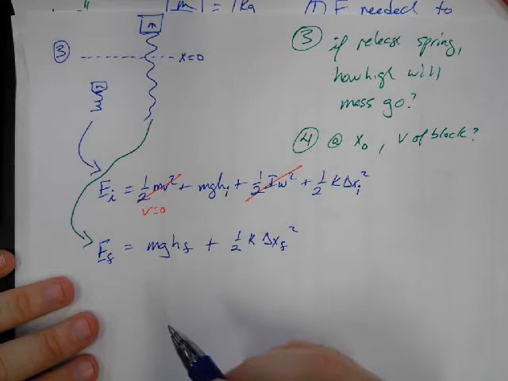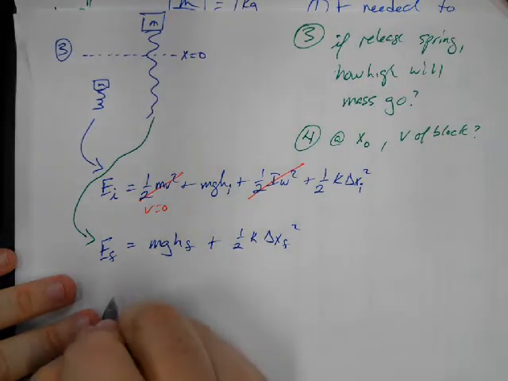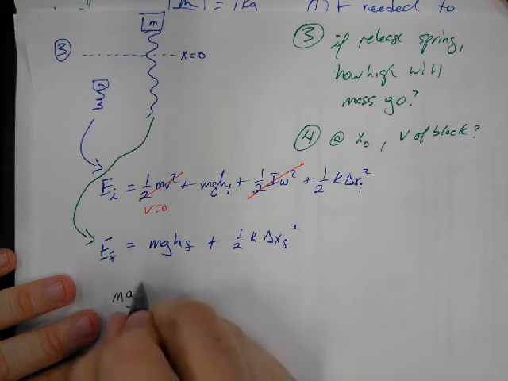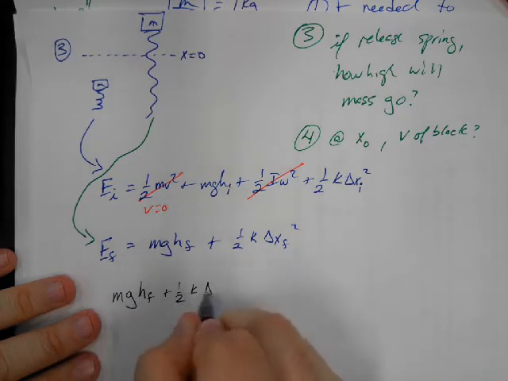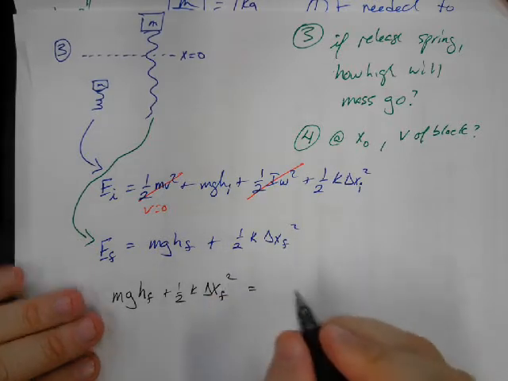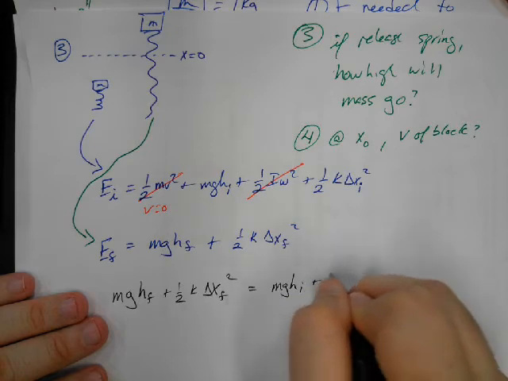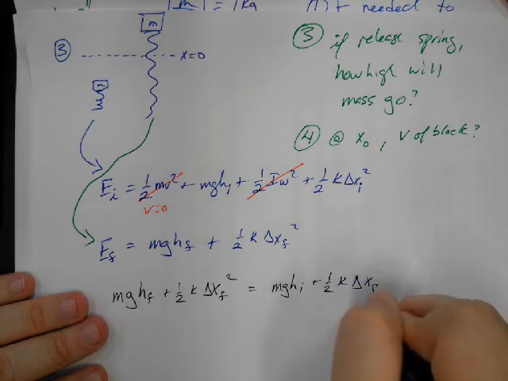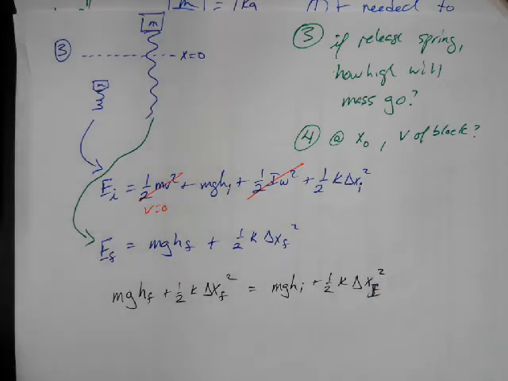And these things have to be equal, so we can set them equal: mg h final plus 1/2 k delta x final squared equals mg h initial plus 1/2 k delta x initial squared.